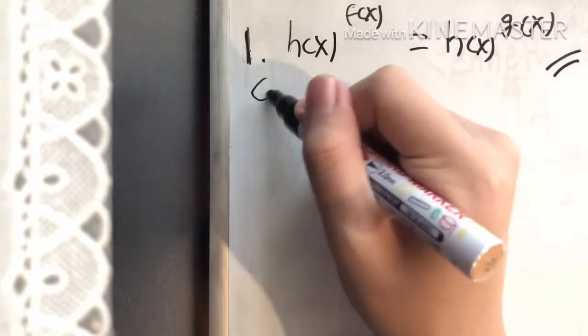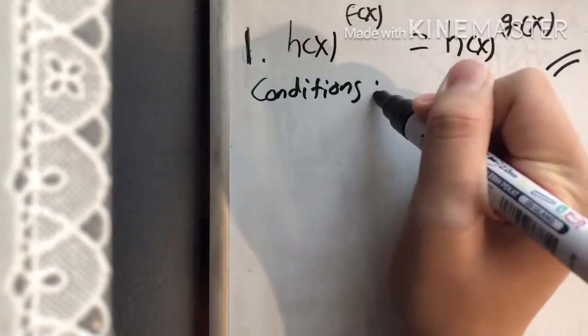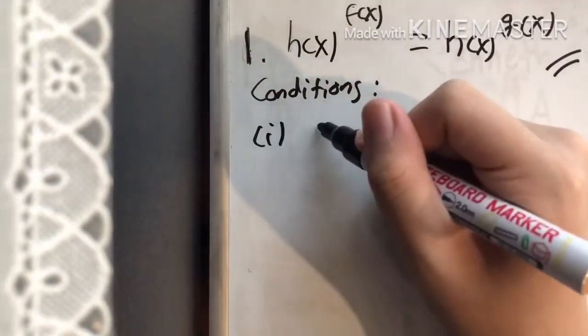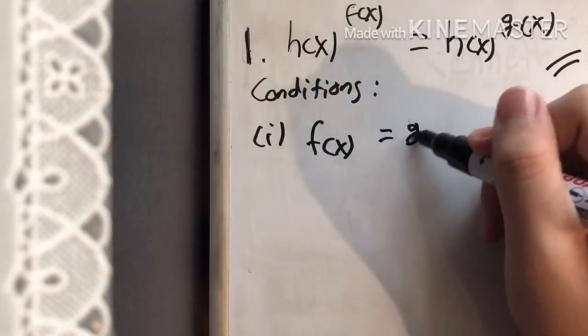In this equation, there are four conditions to prove that the x is correct. The first condition is f(x) equals g(x).